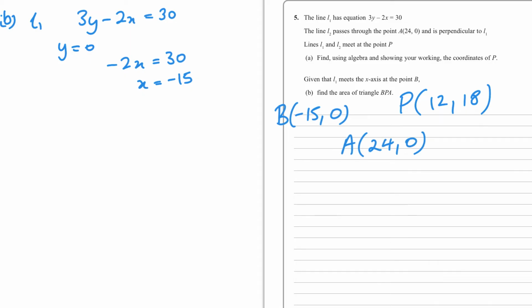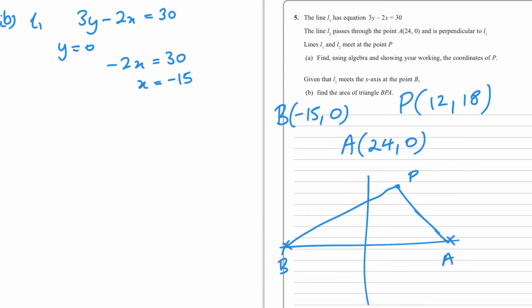Now it helps if you just did a very rough sketch here. Think of B is along here, (-15, 0). A is also on the x-axis, it's (24, 0). And then P is somewhere up here in the positives. And that is essentially my triangle.